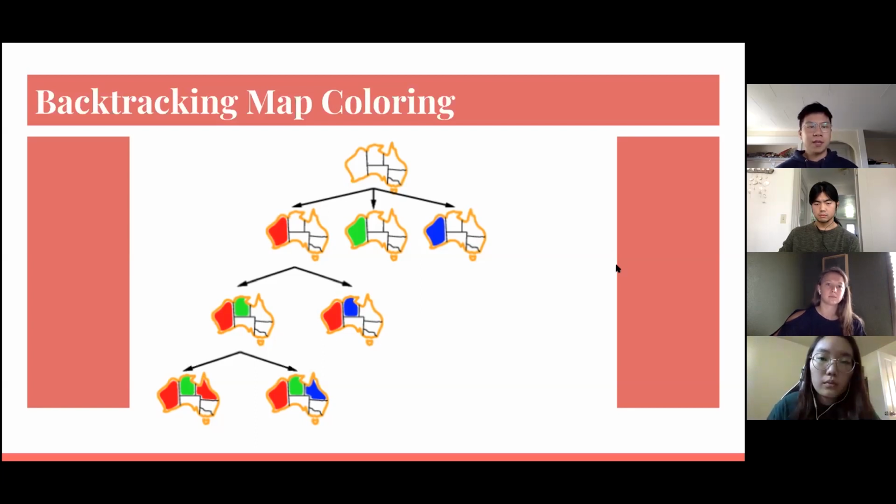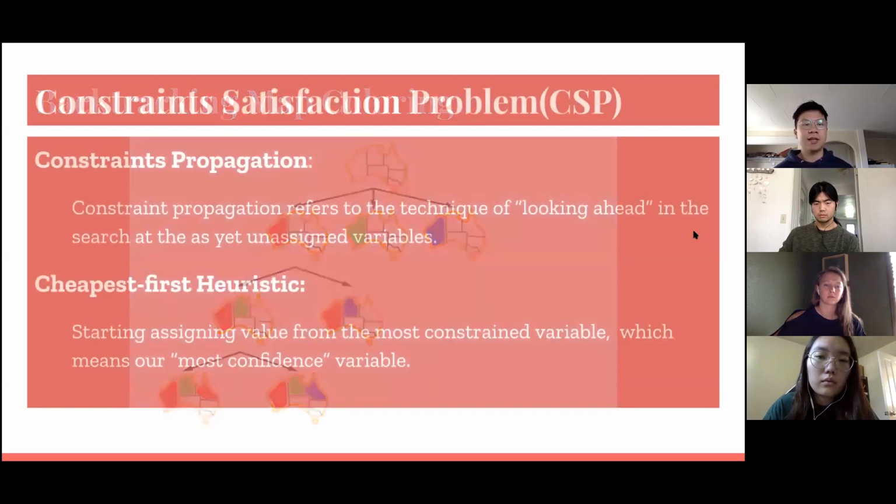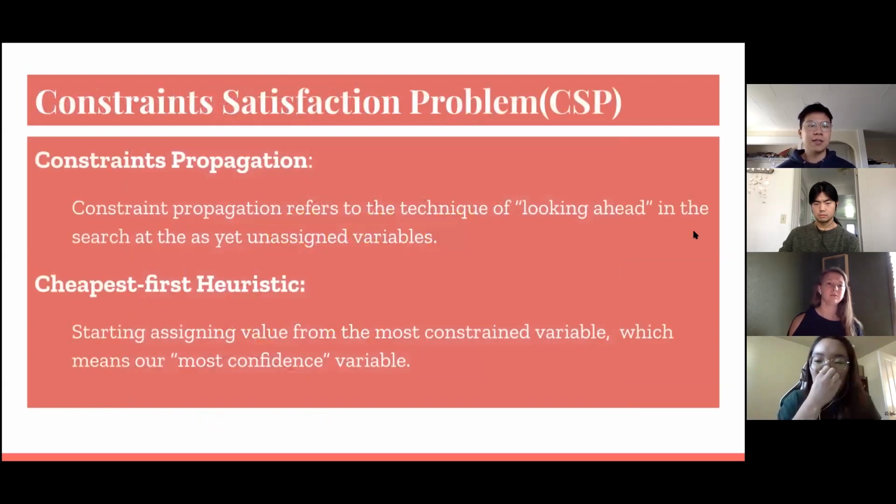And particularly for our problem, we are implementing more techniques to help us. The next thing that we want to talk about is constraint propagation. Constraint propagation refers to the technique of looking ahead in the search at the yet unassigned variables. What does that mean?